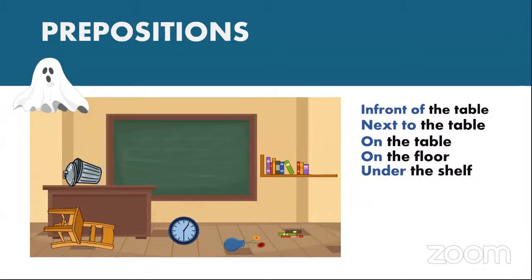The dustbin is on the table. Where is the flower vase? It is on the floor. The books, you can see some books under the shelf, or else you can say the books are on the floor.